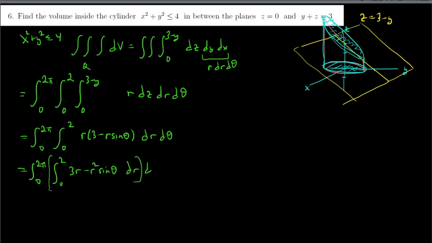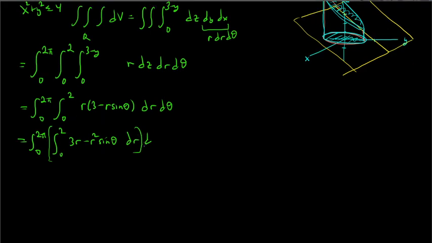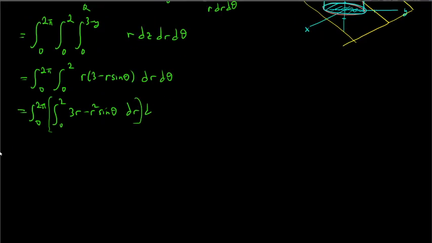So doing this integral gives you 3r squared over 2 minus 1/3 r cubed sine theta.